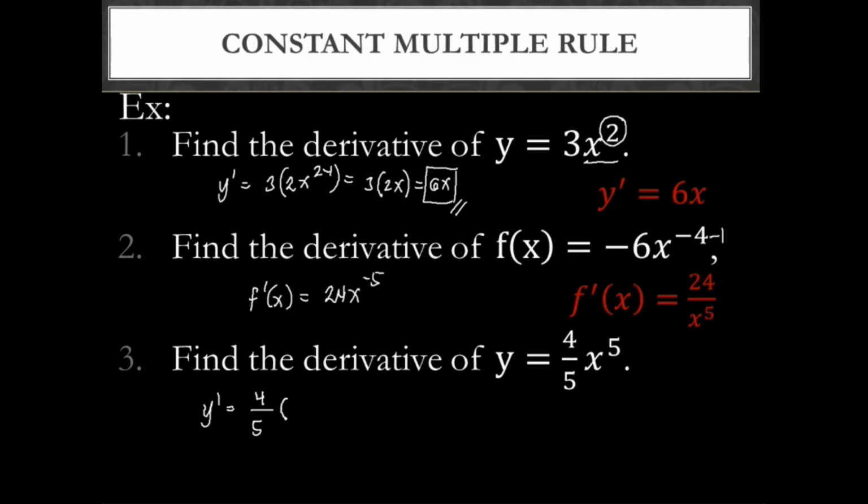The constant, tapos, ito ay 4 pala. Yung 5 na exponent, i-move in front. And then, x raised to 5 minus 1 is 4. Okay. Pero ito yung kasi yung may cancellation na mangyayari. Ito yung magiging 4x raised to 4. And that's the derivative already. Okay?